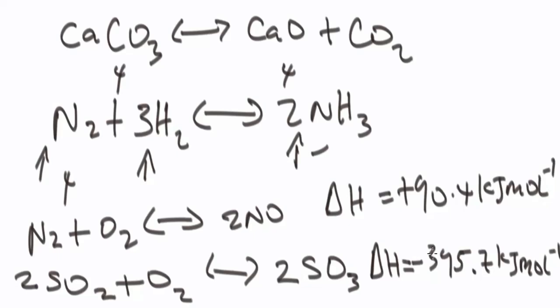So an increase in temperature will cause the equilibrium position to shift from the right to the left, favoring the backward reaction, whereas a decrease in temperature will cause the equilibrium position to shift from the left to the right, favoring the forward reaction. So it's the reverse of how temperature applies to an endothermic reaction.